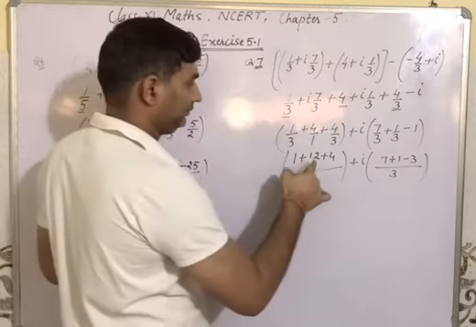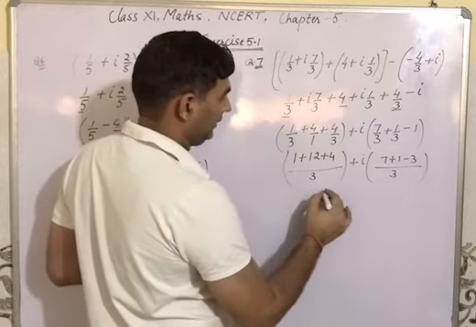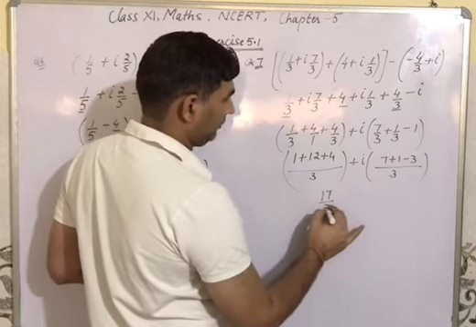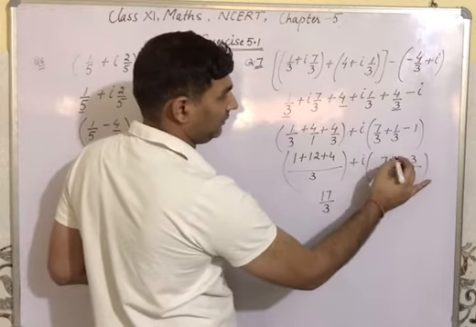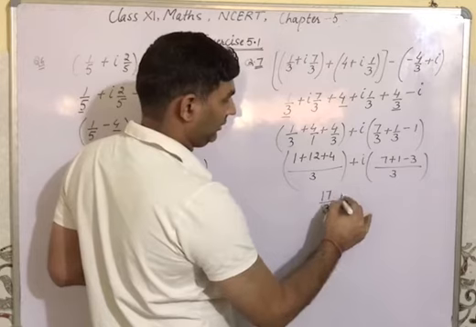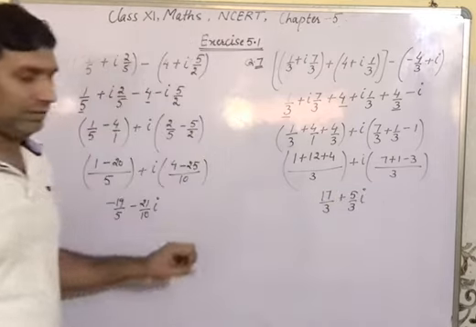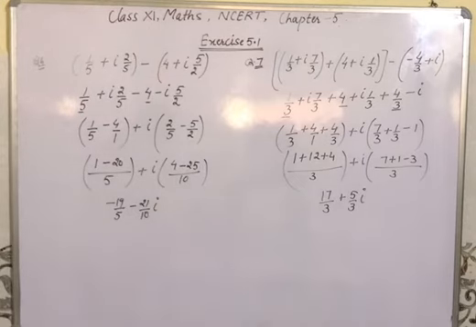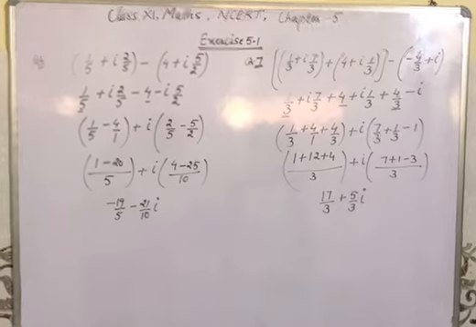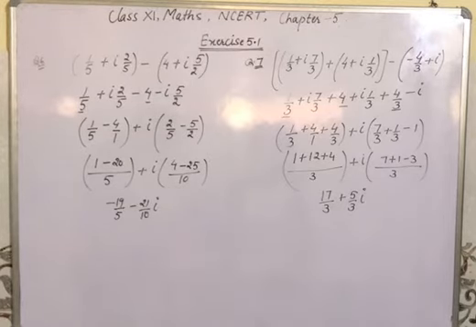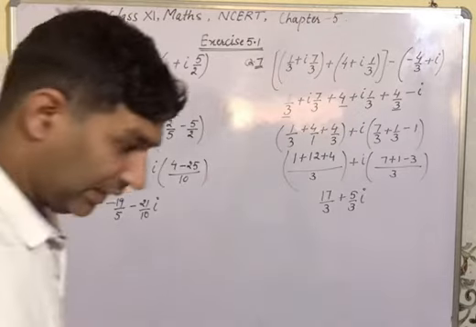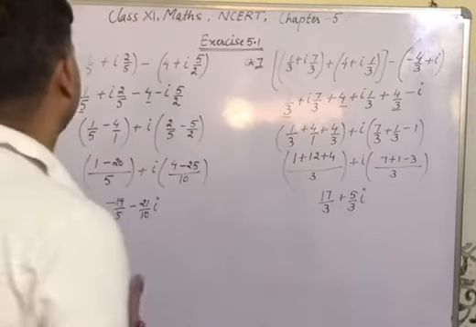So 17/3 plus 5/3 i is the form a + ib. And then the next part is (1 - i) raised to power 4.